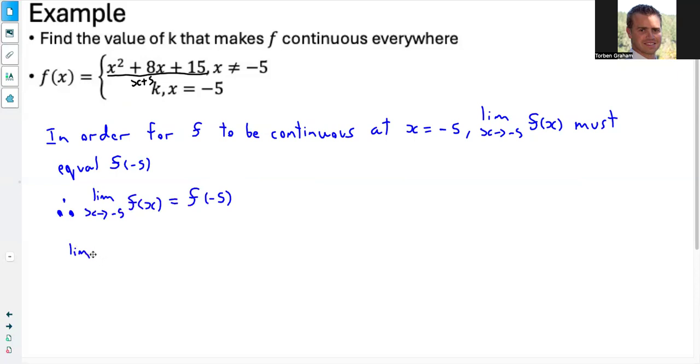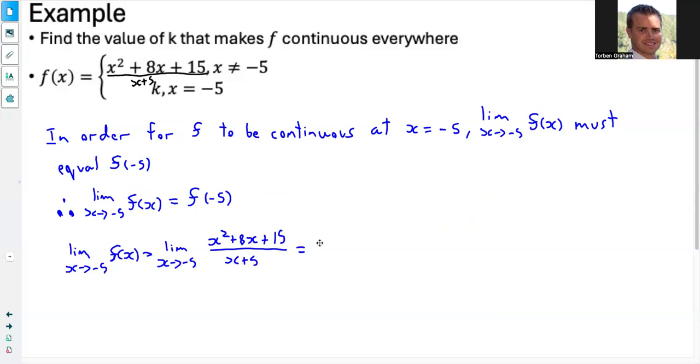So if we go limit as x approaches -5 of f of x, that equals our limit as x approaches -5 of x squared plus 8x plus 15 over x plus 5.